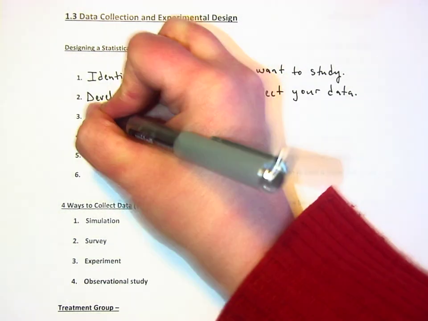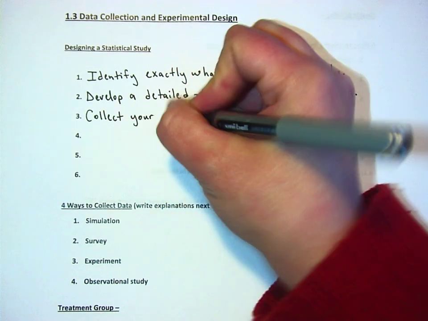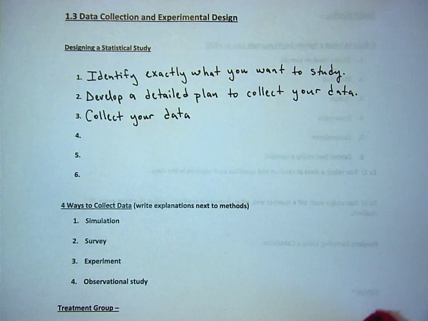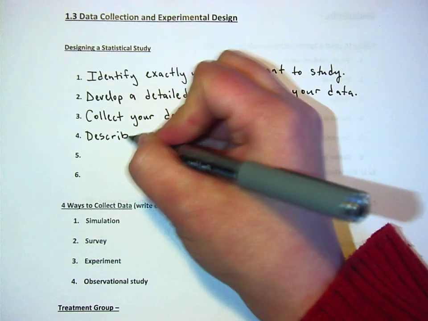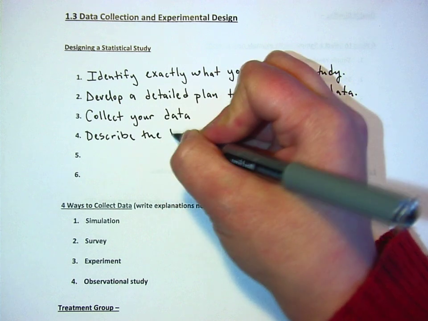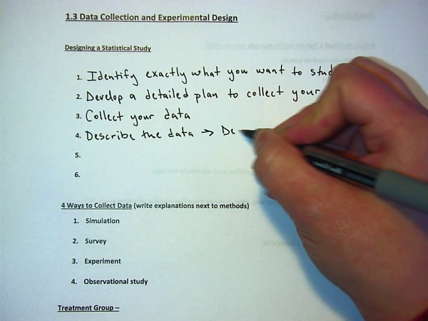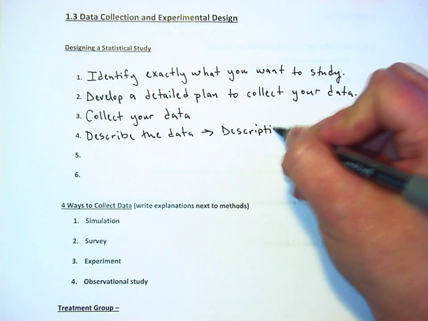Step 3 is to follow that plan and collect your data. Step 4 is to describe the data. This is that descriptive statistics part.